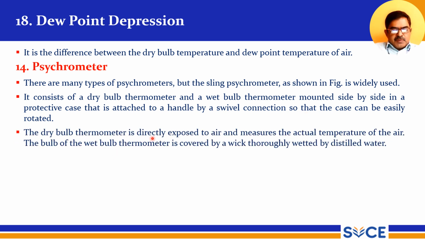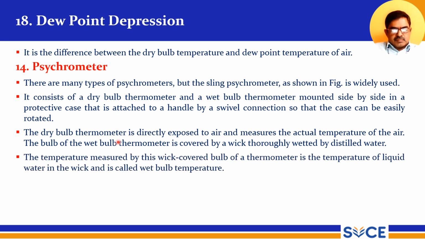The dry bulb thermometer is directly exposed to air and measures the actual temperature of the air. The wet bulb thermometer is covered by a wick, thoroughly wetted by distilled water. The temperature measured by this wick covered bulb is the temperature of liquid water in the wick and is called wet bulb temperature.